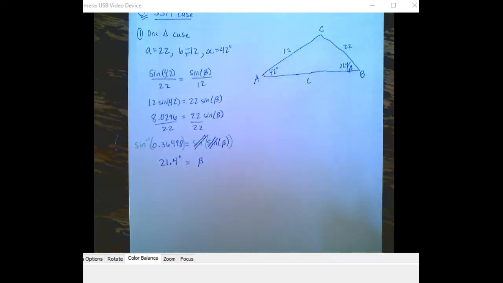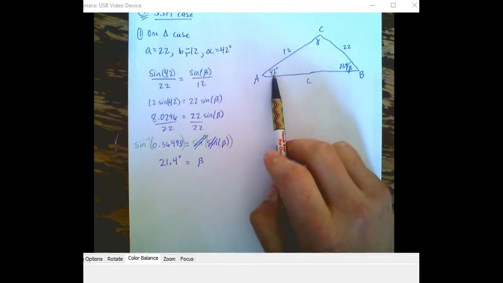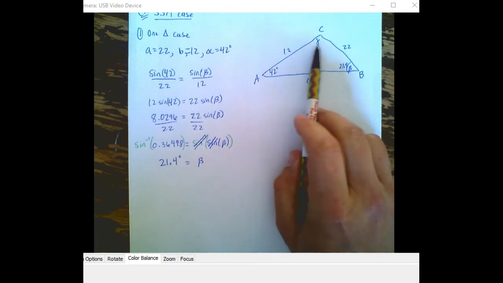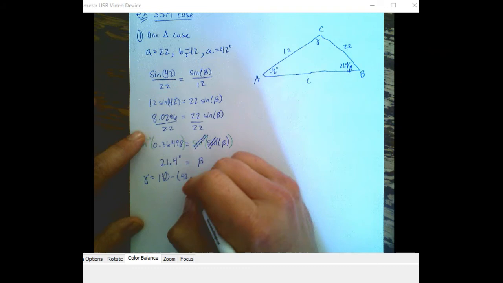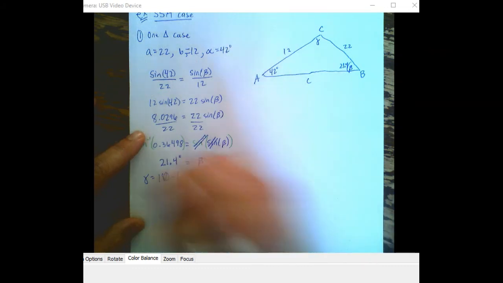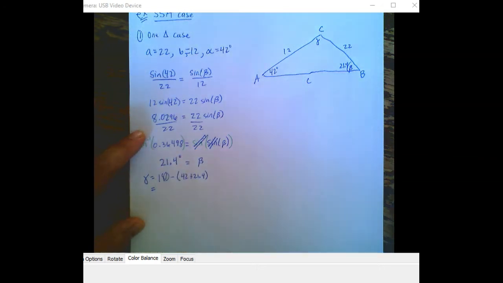All right, so what would gamma be? Gamma is easy to find now, because this is 42 and this is 21.4, so gamma has to be the difference from 180. So gamma would be 180 take away the sum of the other two, or 116.6 degrees.